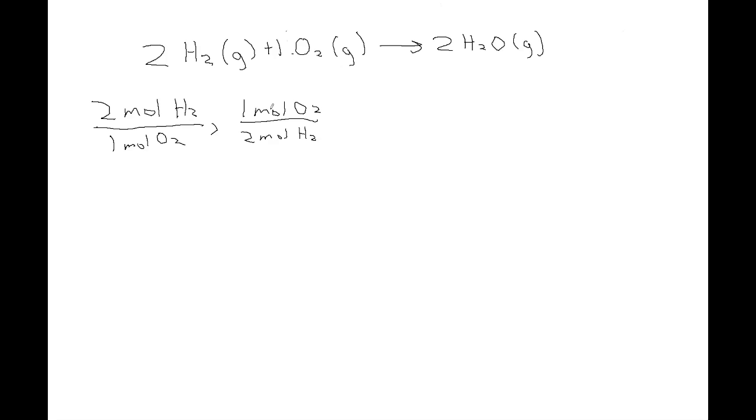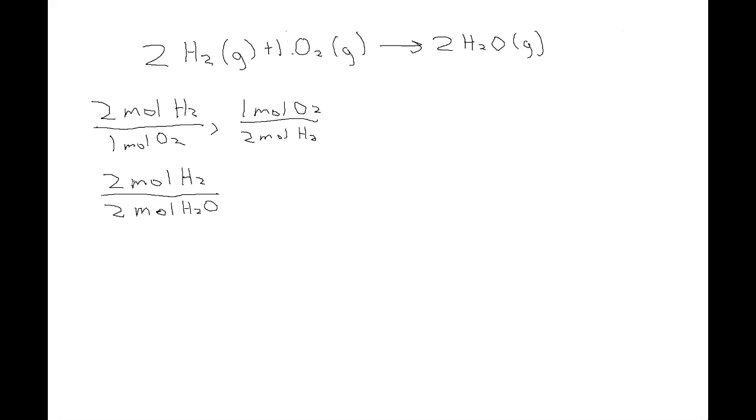Now, I think there's a bunch more conversion ratios we can get as well, so let's practice with that. Another conversion ratio we could get is 2 moles of H2 over 2 moles of H2O. Yeah, I could take this substance, and I could write this conversion ratio.